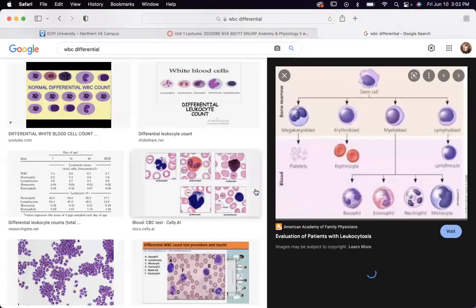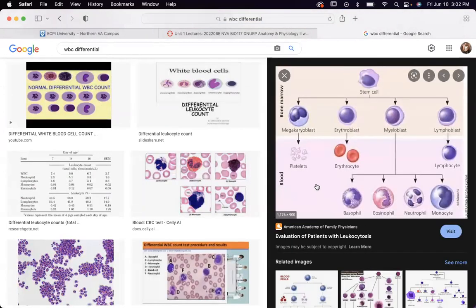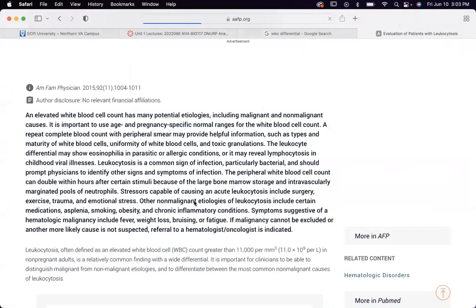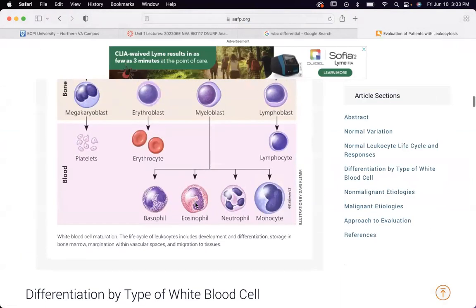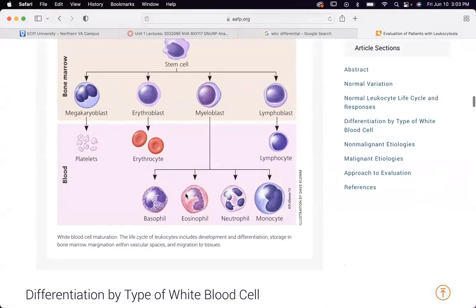There you go. So if we're looking at this chart, you have your granulocytes, and you see there's granules in them: basophil, eosinophil, and neutrophil. Okay, and then you have your two agranulocytes, lymphocytes and monocytes.